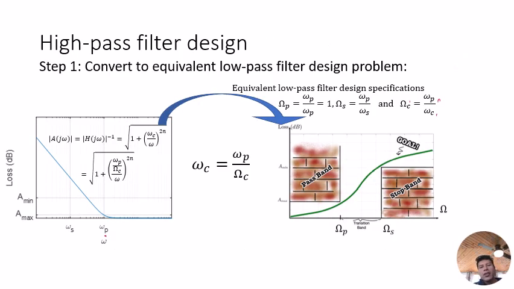So before I show you the recipe we're going to use, we're first going to take our design parameters for a low-pass filter. So this filter has a stop band that requires this minimum loss, and a pass band that requires this minimum gain.